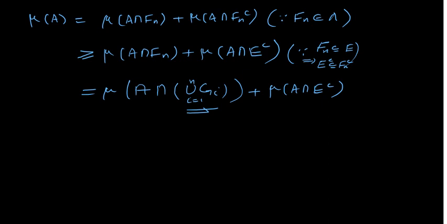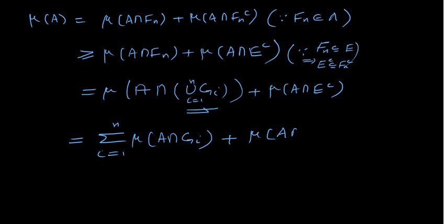Now we can apply that lemma which we did last time, the special case where we took A as X. We can apply that lemma to this thing. It's equal to the summation, which we proved by induction: summation i runs from 1 to n mu of A intersection Gi plus mu of A intersection E complement.